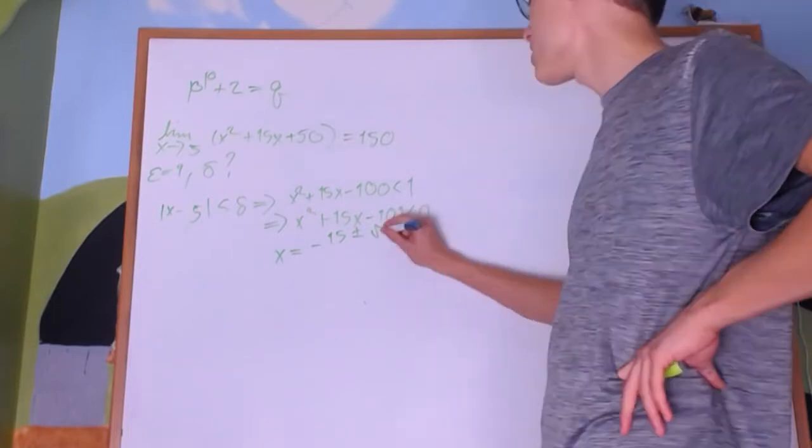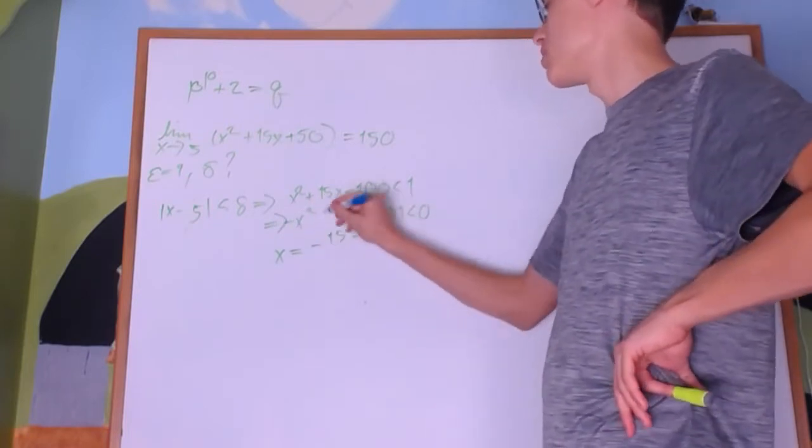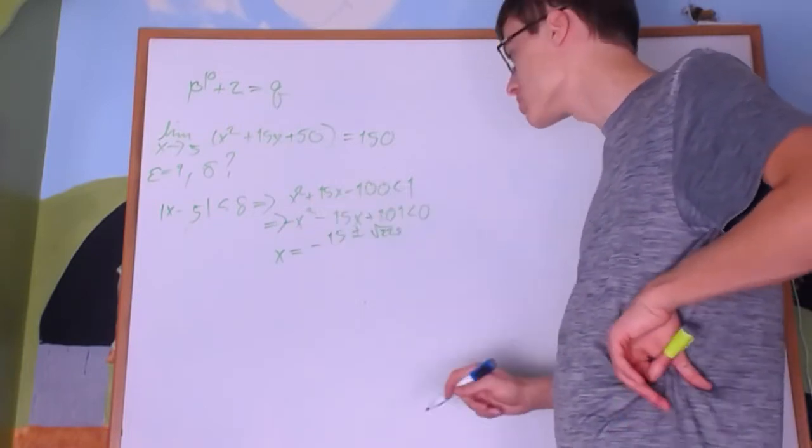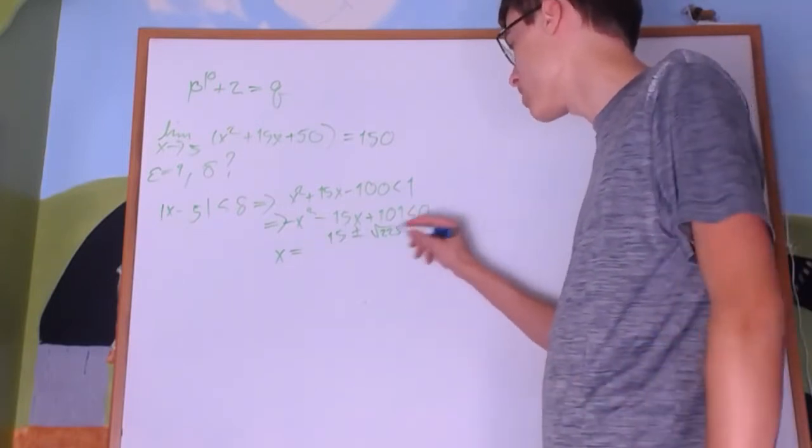So it doesn't work, you have to do the negative. Negative plus, so that'd be 15 plus or minus 225.